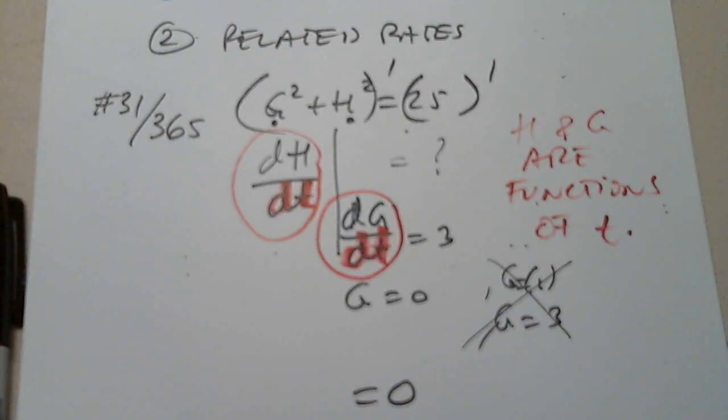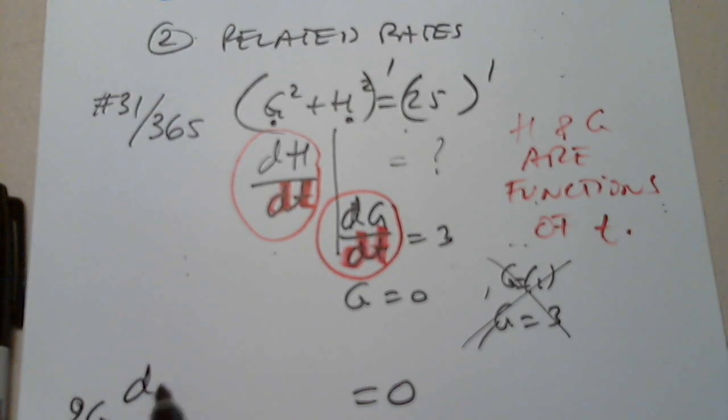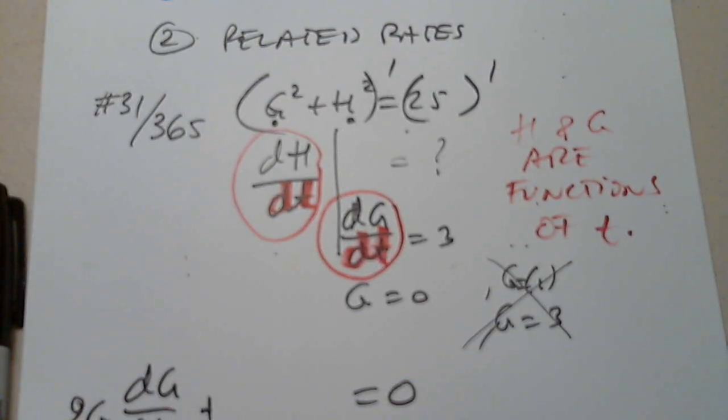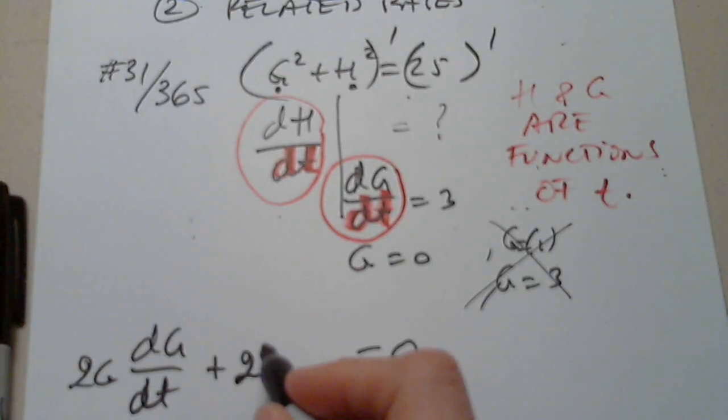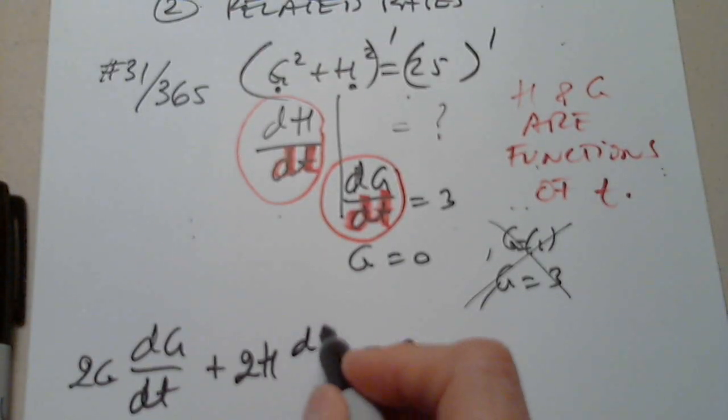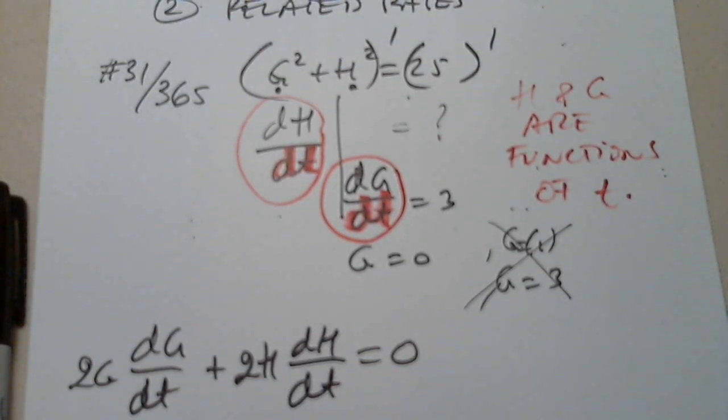The left-hand side. For g, it's 2g times dg over dt. Excellent. Plus, same thing for h, just remove the g. 2h dh over dt. Thank you very much.